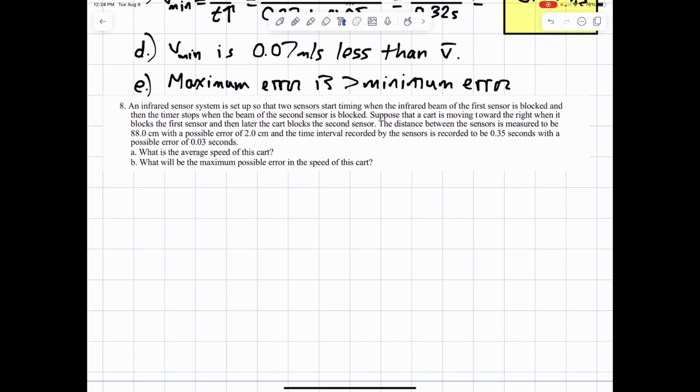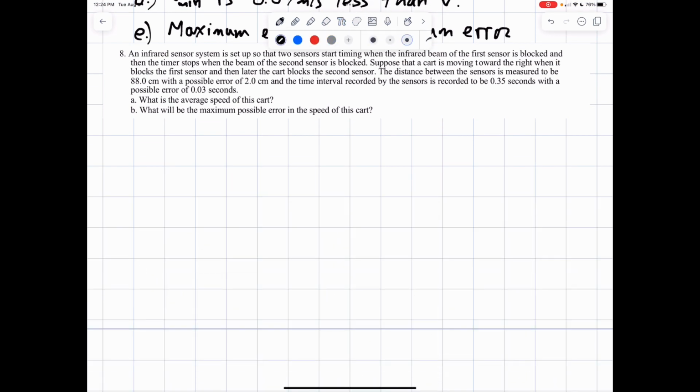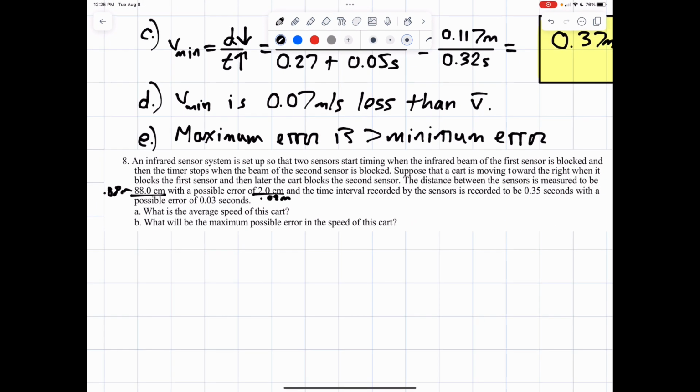The distance between the sensors is measured to be 88 centimeters, with a possible error of 2 centimeters. So that would be right here. Sorry, this would be 0.88 meters, and this would be 0.02 meters. We want to make sure we convert it.